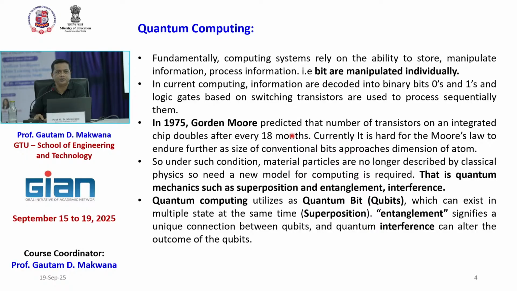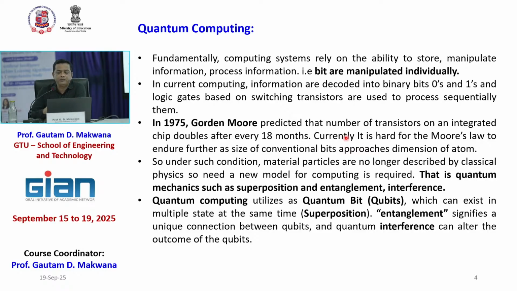If today it is 2 nanometers, then after almost 2 years the number of transistors will be double in the same area of the ICs. So in this case, it requires very small transistors inside your IC.